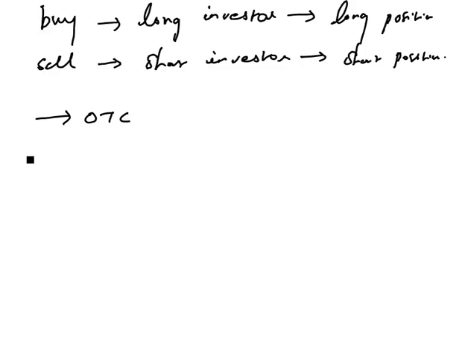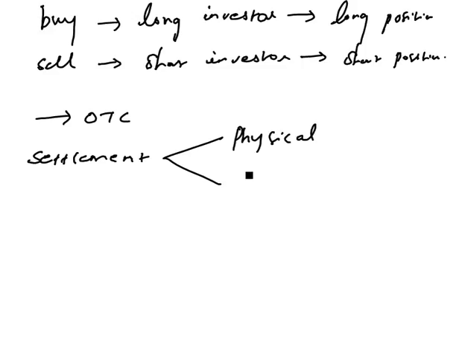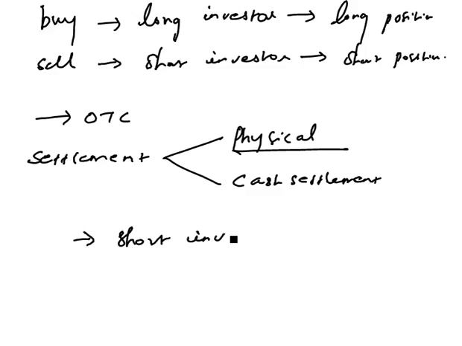Now let's see how these forward contracts are settled. The settlement of a forward contract happens in two ways. One is physical settlement, another is cash settlement. Physical settlement happens by the actual physical delivery of the underlying asset by the short investor to the long investor, that is, from the seller to the buyer.